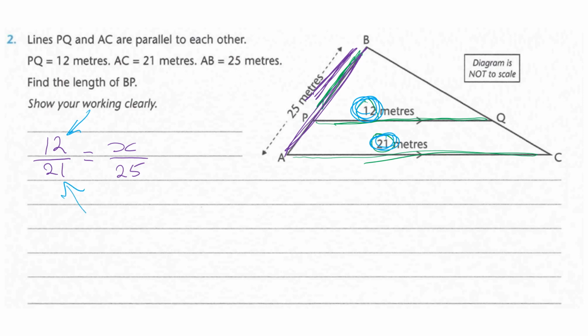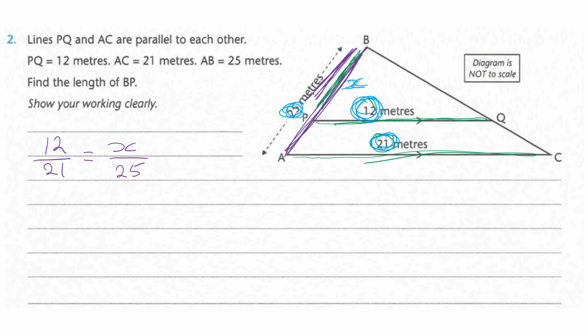I have taken my 25 from here, and I've taken my x, the variable I've just decided on, and put it right here. So I have the big under the small in each of these: the small triangle on top, the big triangle on bottom.